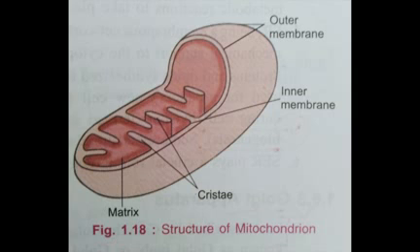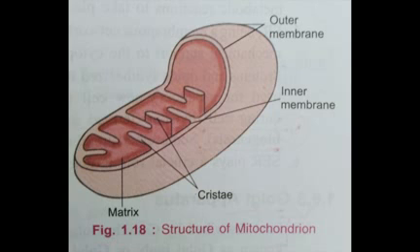Now, what are the functions of mitochondria? Mitochondria contain enzymes for cellular respiration. Due to cellular respiration of food, mainly glucose, energy is released stepwise. Hence, mitochondria are known as the powerhouse or power plants of the cell.